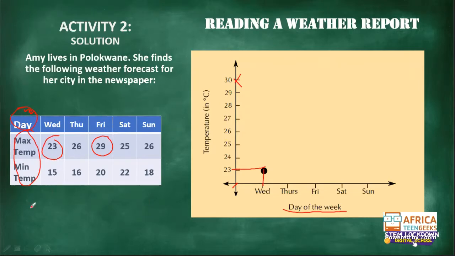On Thursday, Friday, Saturday, we can see there was a big drop, and then Sunday. And then obviously we just need to remember to connect.